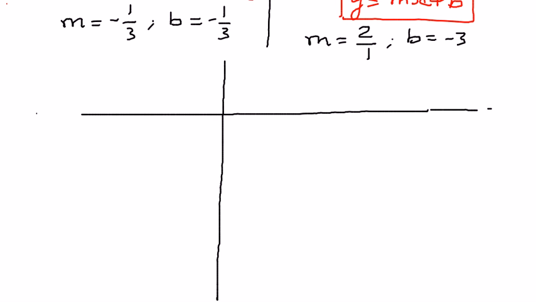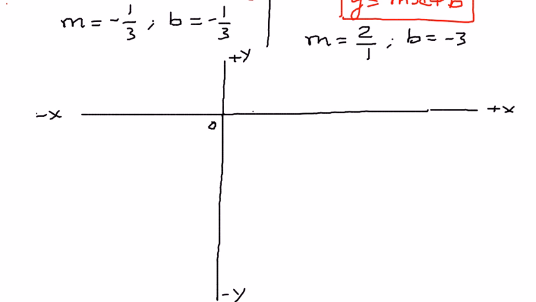One is the positive x-axis, this is the negative x-axis, this is the positive y-axis, and this is the negative y-axis. The point where both these axes meet is the origin, so we'll call that 0.